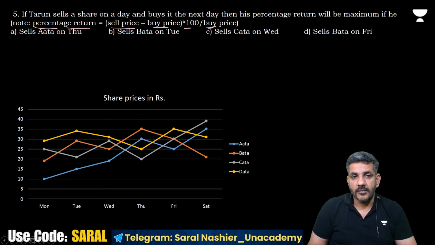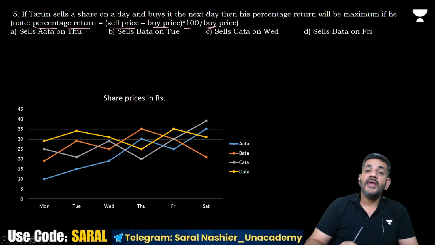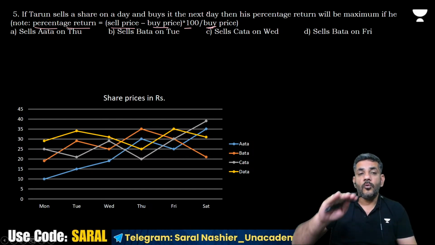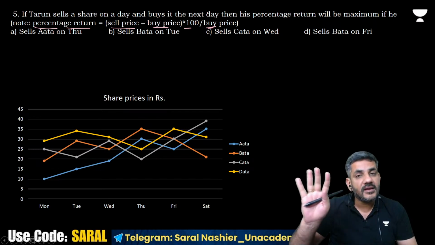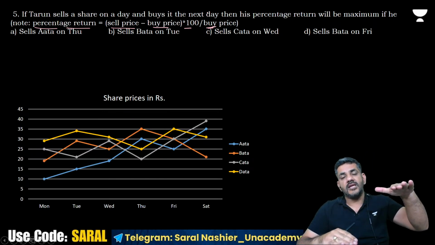Now, first of all, if you sell a share on one day and you buy it the next day, of course the profit would be higher when selling minus buying is higher. That means buying price should be smaller than the selling price.